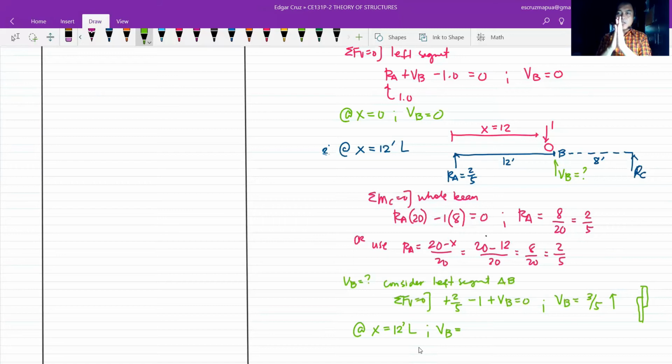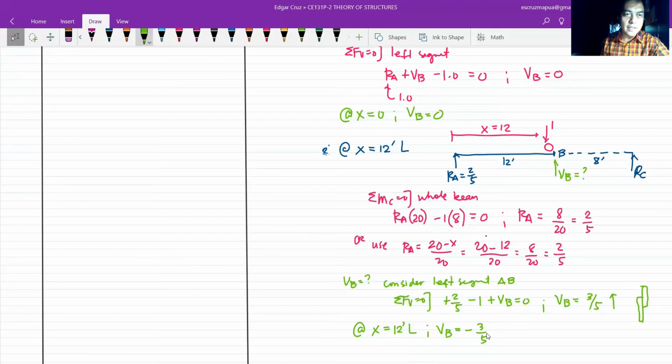Pataas yung shear sa B, tapos ito yung left segment is parang bumaba siya. So that is counterclockwise, diba? So ibig sabihin, ang totoong sign ng shear sa B would be counterclockwise, meaning negative 3/5. Okay, so yan ngayon ang shear sa B at X equals 12 feet sa left side.